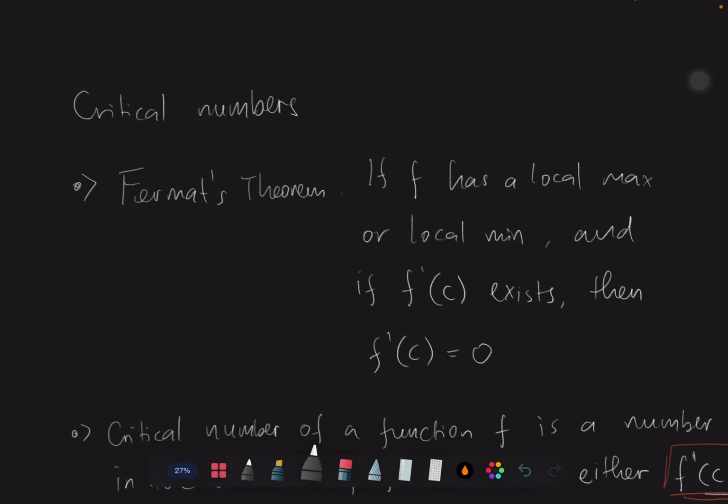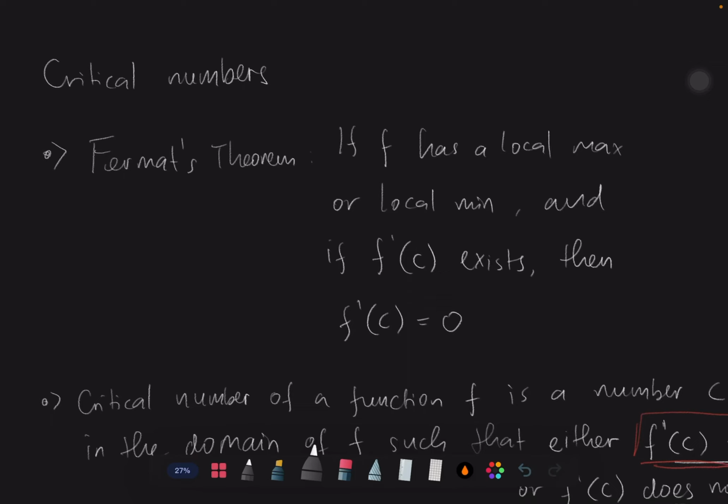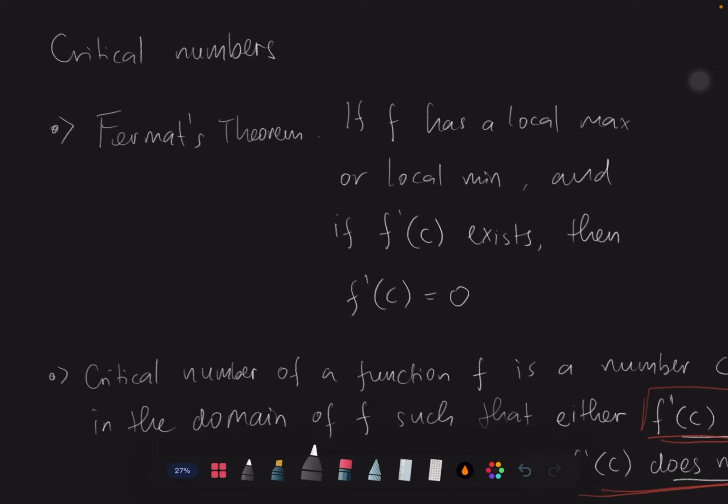And before we learn critical numbers, there is a theorem that says that if the function has a local maximum or minimum at c, then f prime c will exist, or if f prime c exists, it will result in f prime c equals 0.